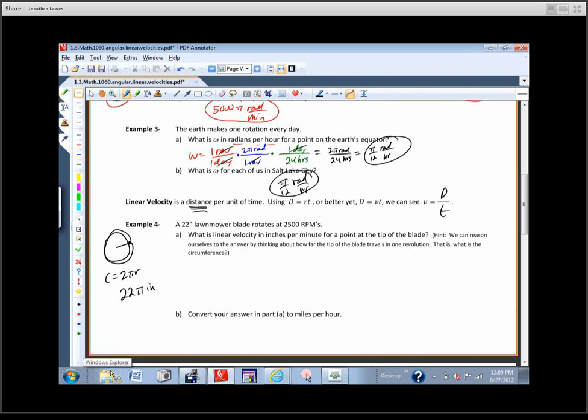How many times does it spin around a minute? 2,500 RPMs. So if every time it goes around, it goes 22 pi inches. If you want to throw that in your calculator and get a decimal for that, that's fine with me. But it does that 2,500 times every minute. So we're going to take this, and what are we going to do with it to get the answer?